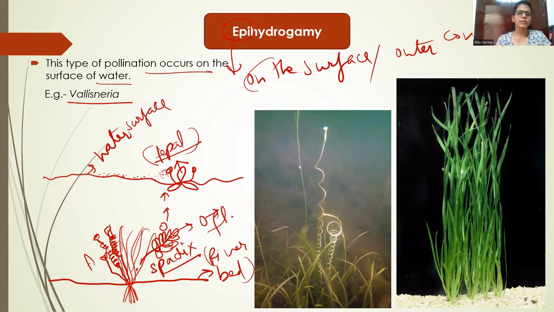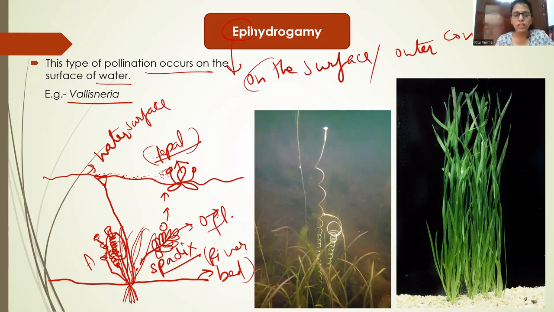Meanwhile, when these anthers release pollen, immediately the coiled stalk of the female flower will uncoil, stretch and increase in length so that the female flower can reach the surface of water.